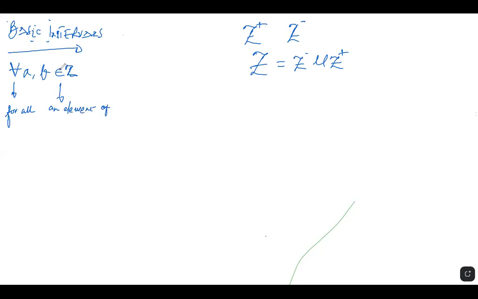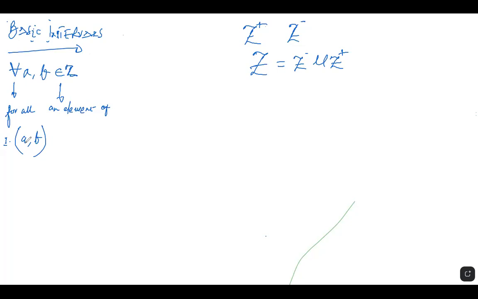So in a nutshell, this statement simply means, given two integers, or for any two integers, number one, I can write A, B like this.